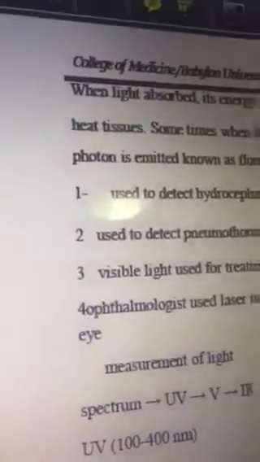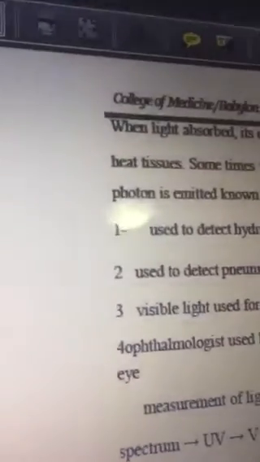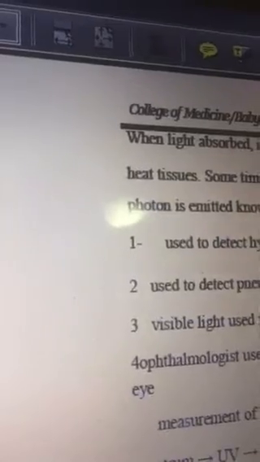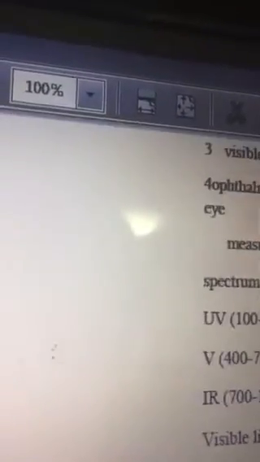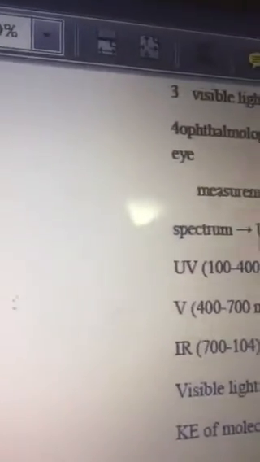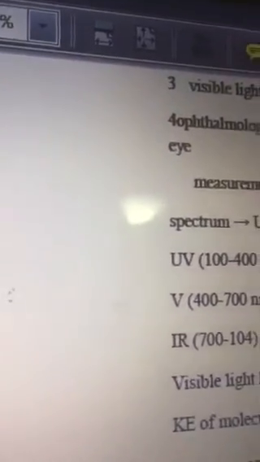The application of visible light in medicine is used for the endoscope, the cystoscope, the proctoscope and the bronchoscope. Also, for the application of UV, the ultraviolet, and IR in medicine: UV light is used to kill germs.